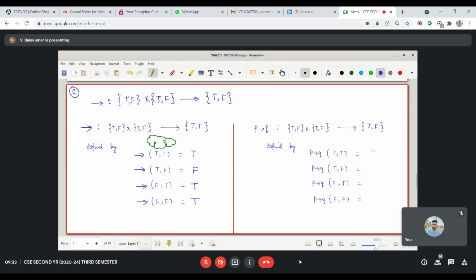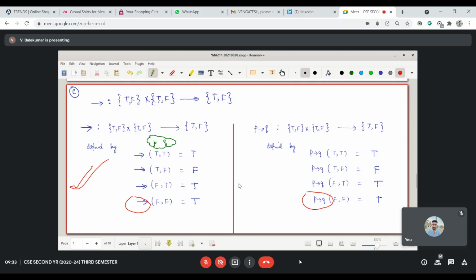Instead of this, I can write the same thing here also. Then what's the difference? Actually there is no difference. Only the notation I have used differs. In some textbooks, if you have seen this, instead of this, I have used only the symbol here.